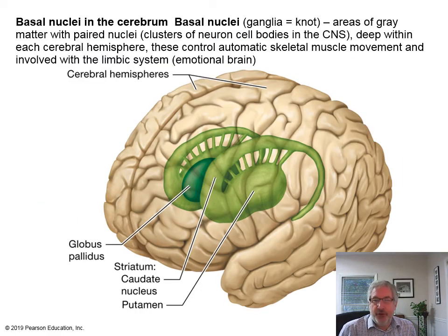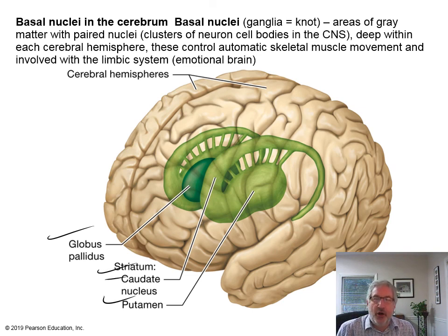Okay, so here's what the basal nuclei look like, not in cross-section, but in a sort of 3D projection drawing. And you have two of them. There's two sets on each side. So you have the globus pallidus, and you have the striatum, which is the caudate nucleus and the putamen. So you don't have to know those.